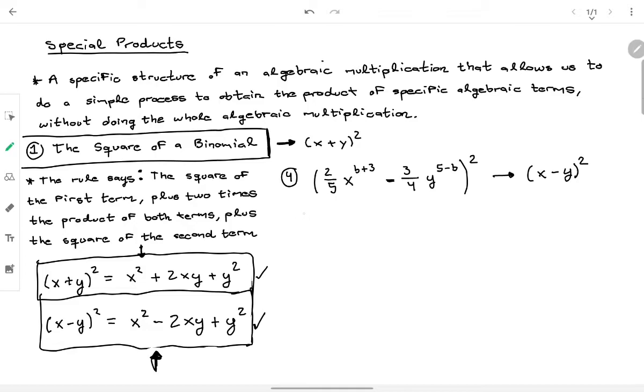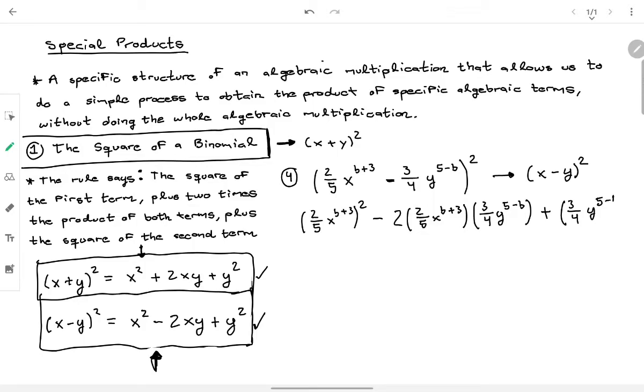The second rule told us to have the first term squared, minus 2 times the first term multiplied by the second one, but remember we are putting both of them as positive ones because the negative sign is already put in the -2, plus the second one squared.